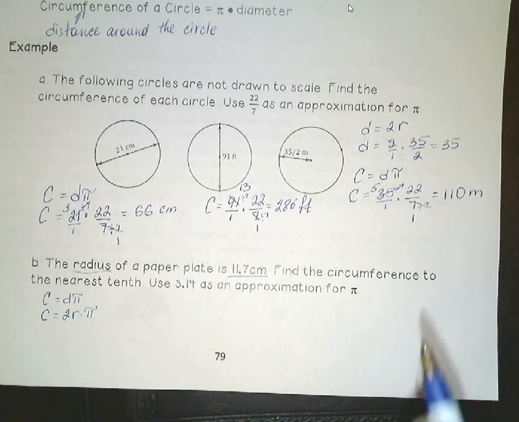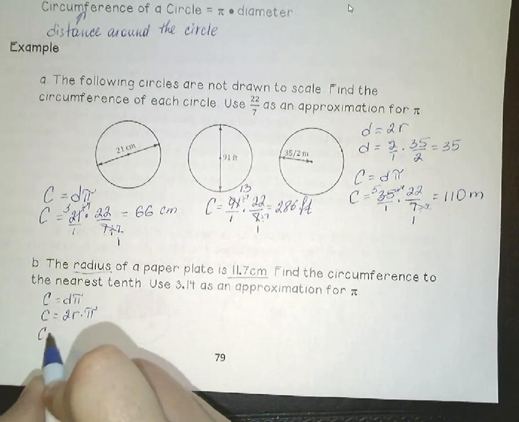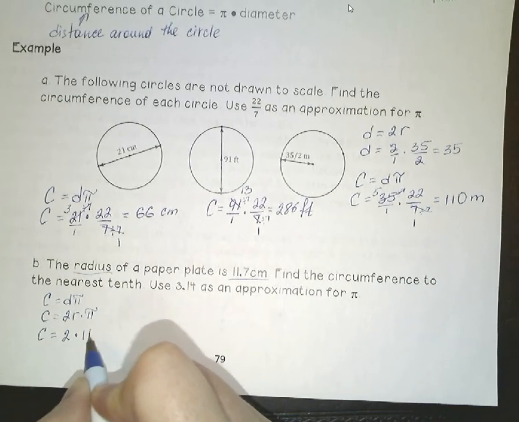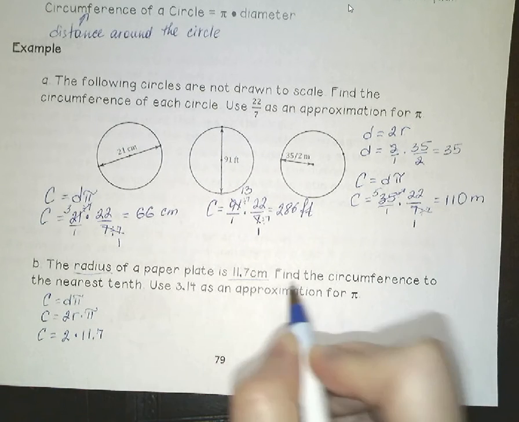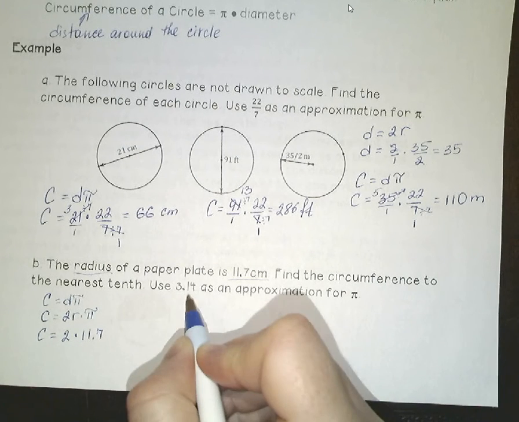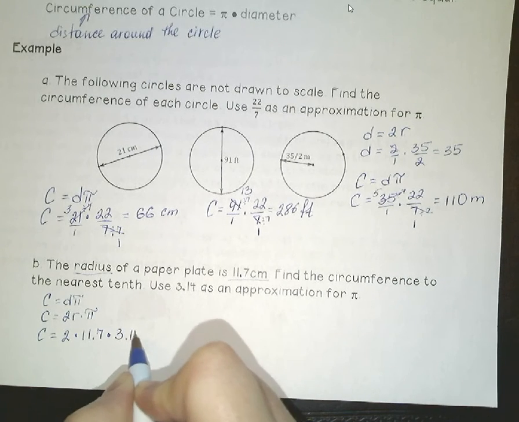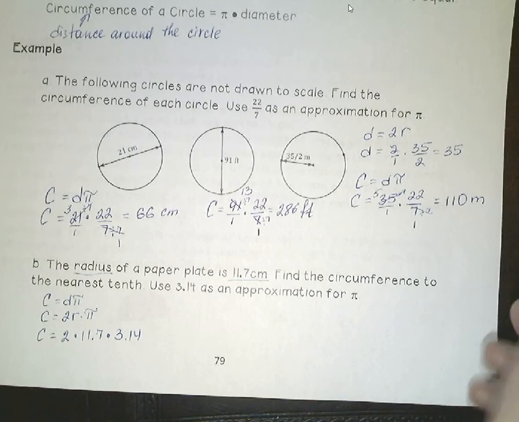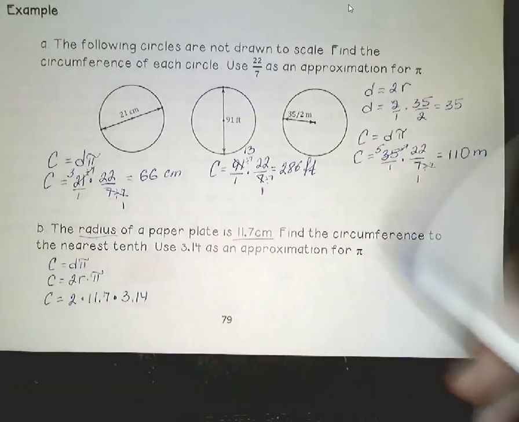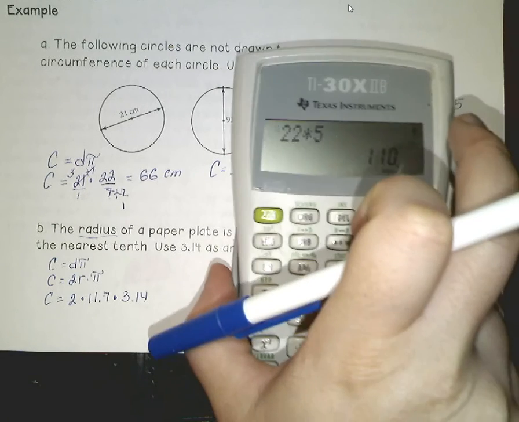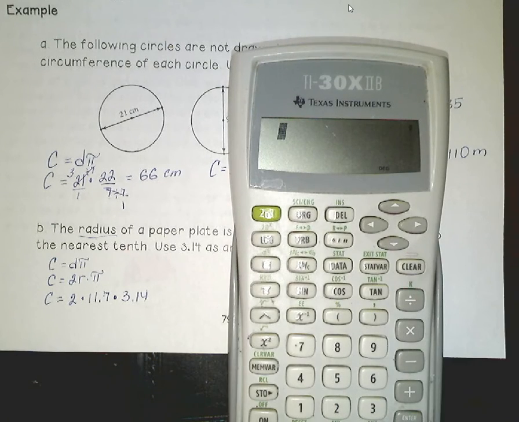Okay, so what I will need to do is to multiply 2 by 11 and 7/10, and that I'm going to multiply by 3 and 14 hundredths. You can do it using your multiplication skills somewhere on the side, or for this activity, I will just take a calculator to make it quick, and I'll show it to you.